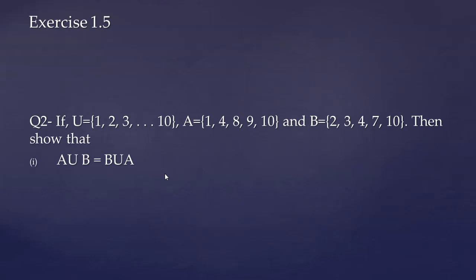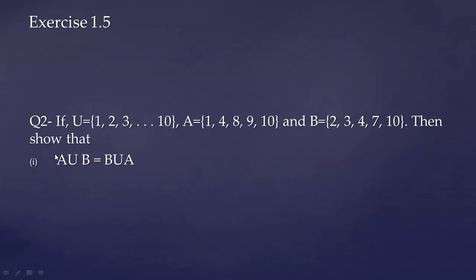Question number 2. We are given set U for the universal set and set A, which contains the values 1, 4, 8, 9, 10, and set B contains the values 2, 3, 4, 7 and 10.